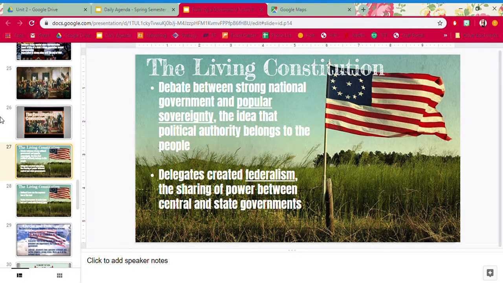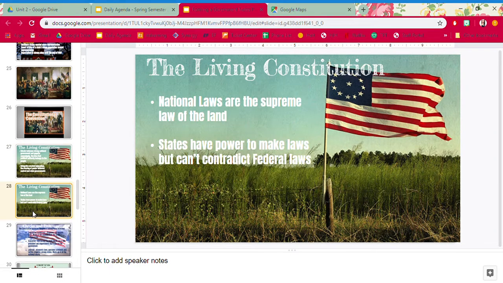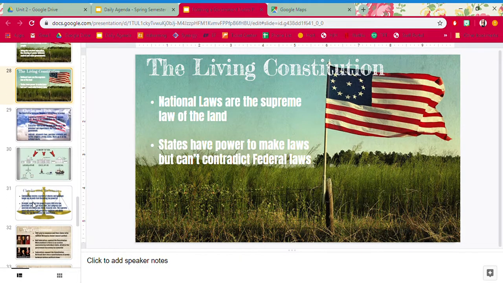So the delegates created something called federalism, which is the sharing of power between the state governments and the federal government, or the national government. So, what's key to know is national laws are the supreme law of the land, and states cannot make laws that contradict federal laws, right?